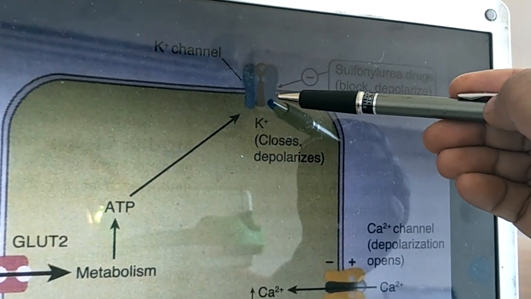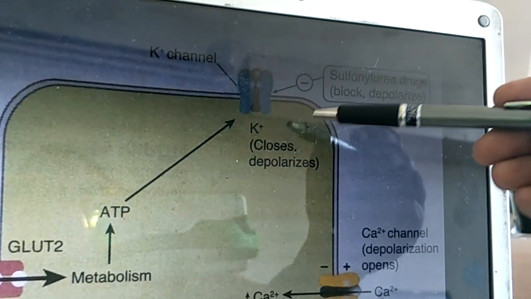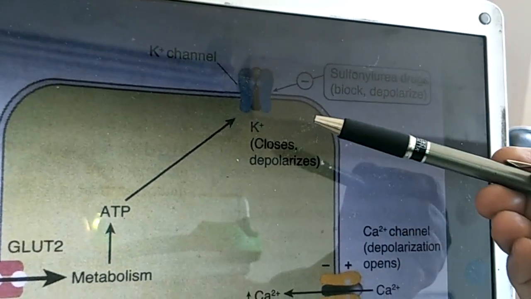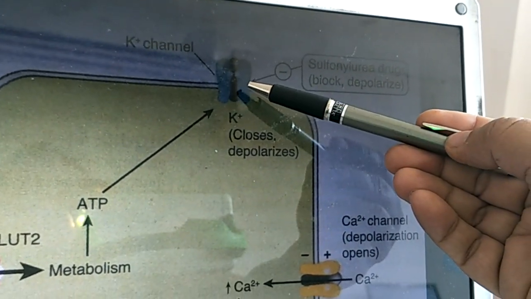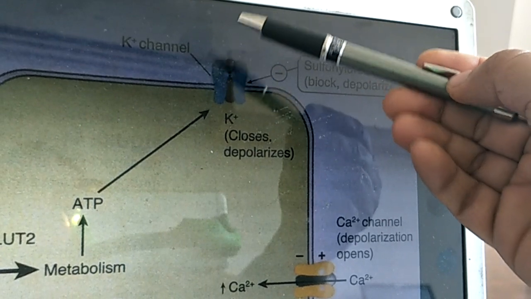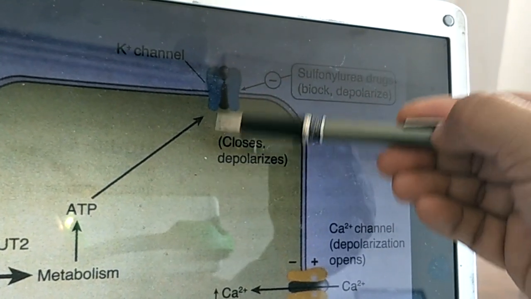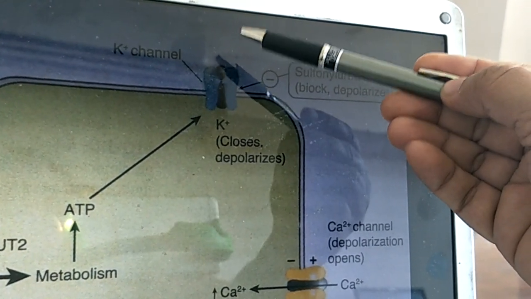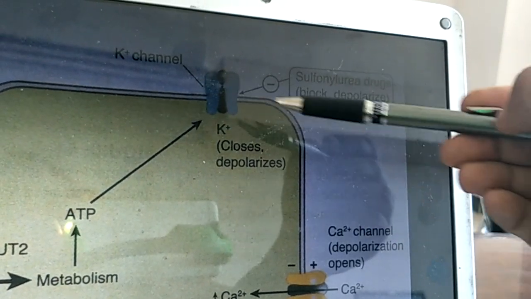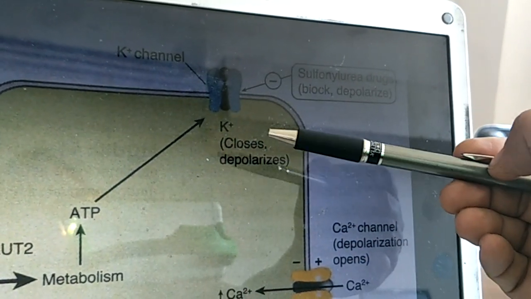So normally when ATP levels in the resting cell are low, the channel remains open, potassium moves along its concentration gradient from inside to out, and the membrane remains polarized.